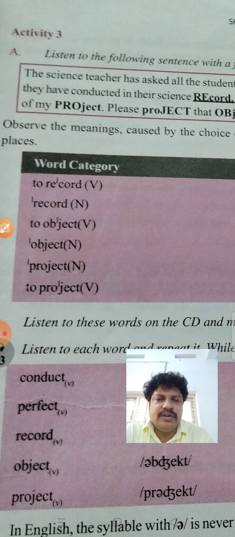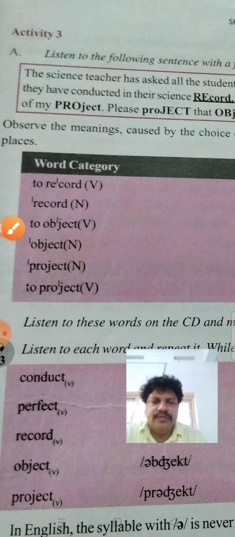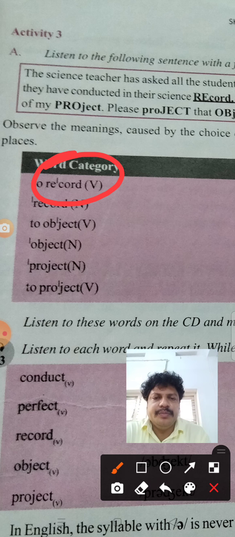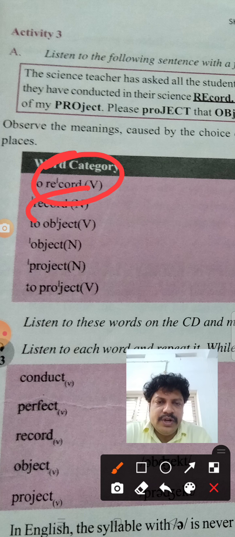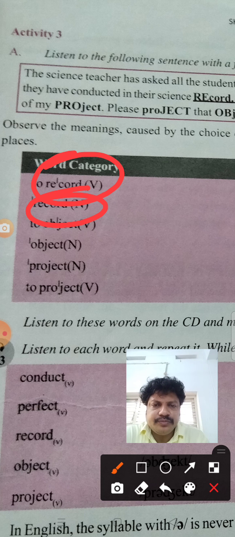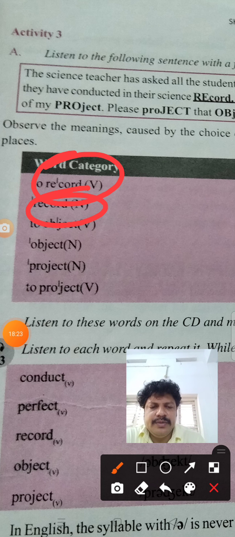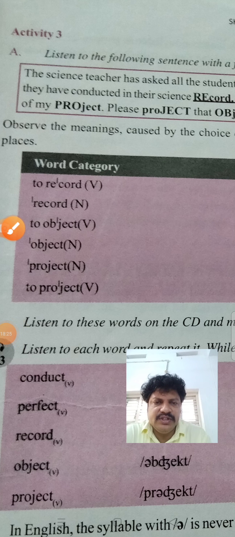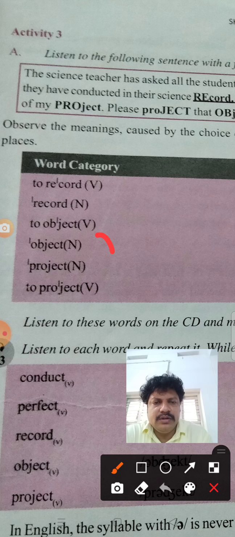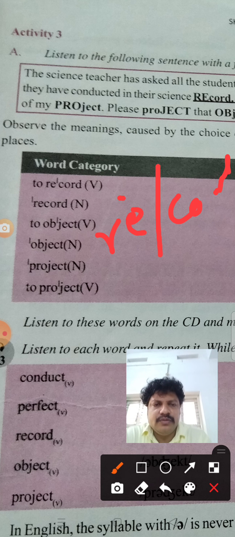See, suppose record is there. Generally this is a verb, and record is also a noun. So is record disyllabic? Yes, it is disyllabic, because it has two syllables: re and cord, so one and two.